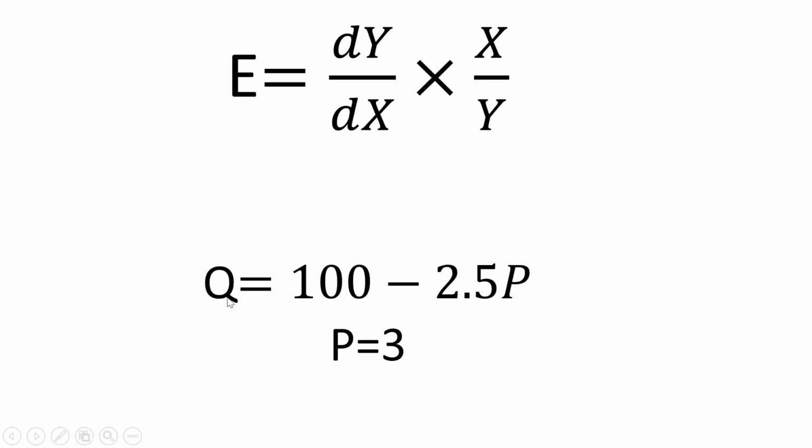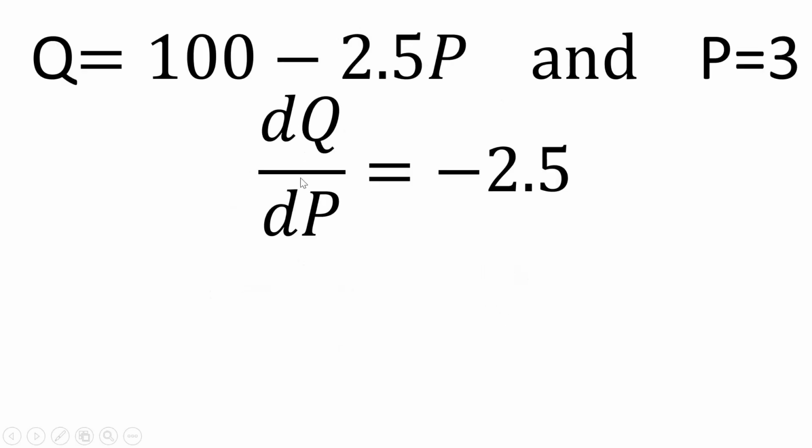So we're going to take the derivative of Q with respect to p. When we do that, the derivative of Q with respect to p is -2.5. Now we need p and we need q. P has been given, so our duty is to find q.